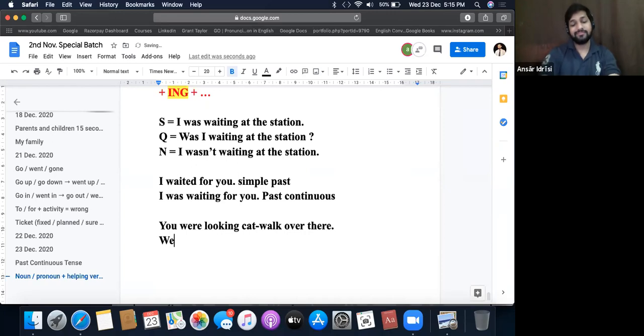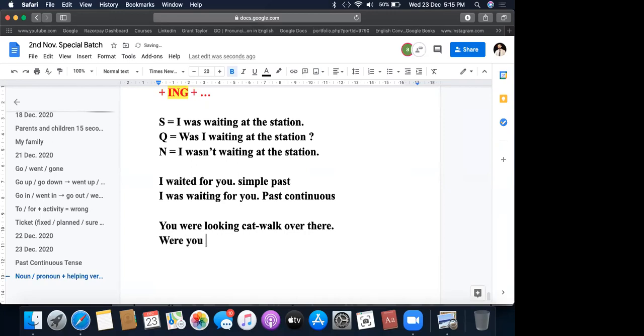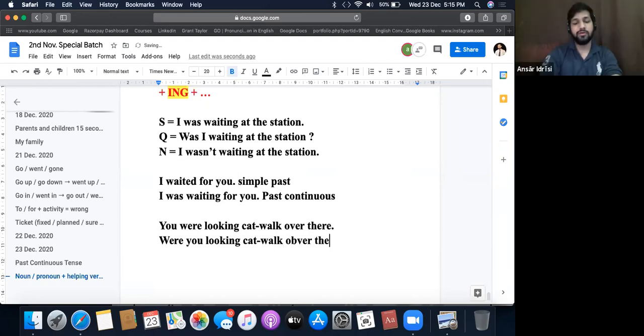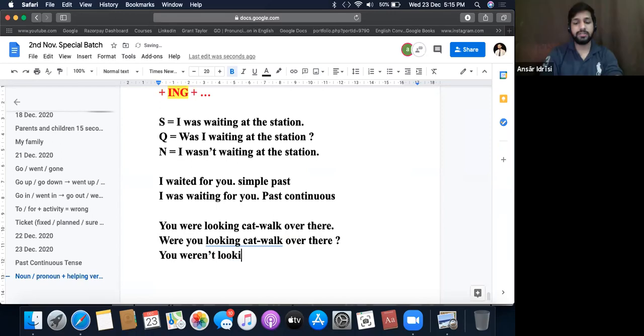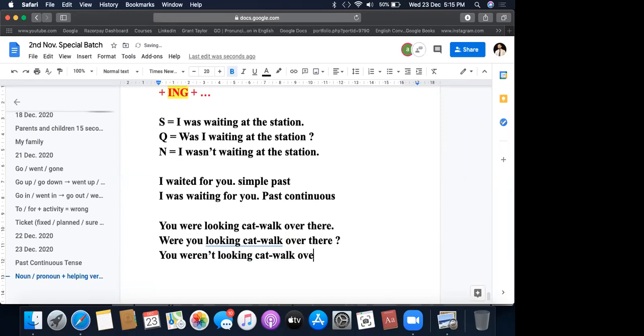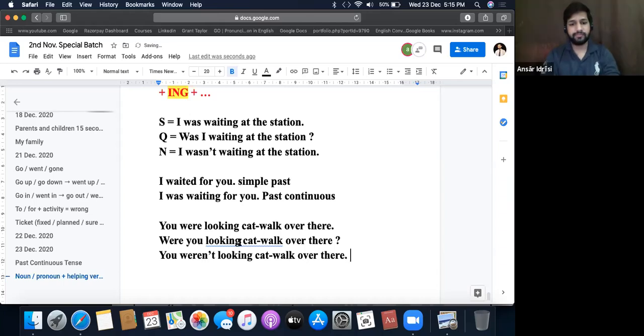Question: Were you looking at the catwalk over there? Negative: You weren't looking at the catwalk over there. Not becomes "weren't". Very good. You weren't looking at the catwalk over there. Any doubts?